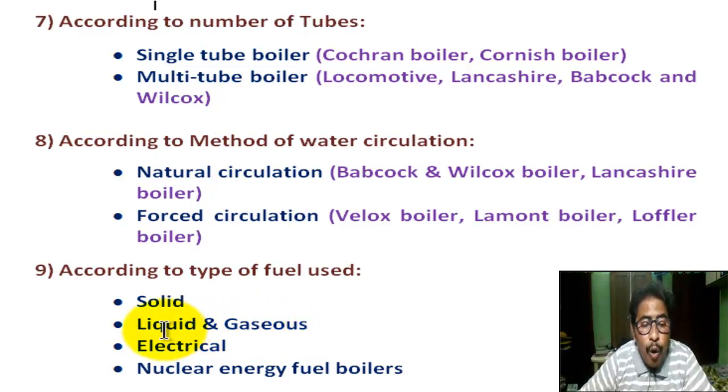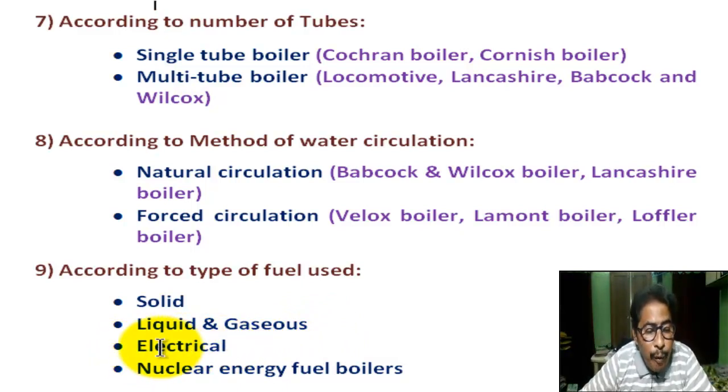A boiler using liquid or gaseous fuel for burning is known as liquid or gaseous fuel boiler. Hot waste gases as byproduct of other chemical processes are used as gaseous fuel.